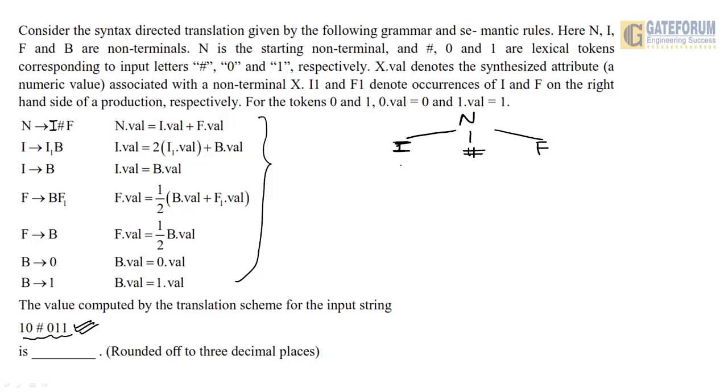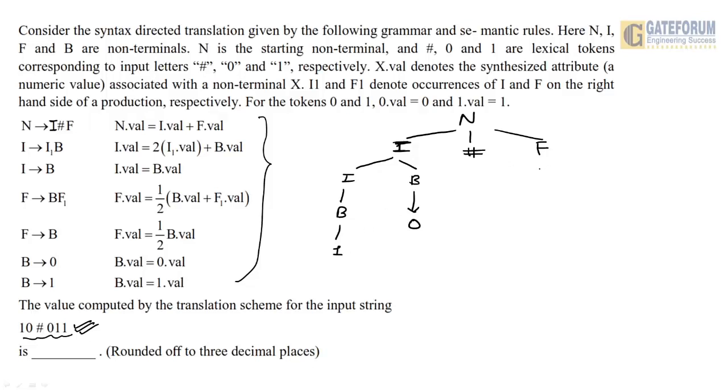Now using I, we can generate IB. With the help of I you can generate B, with the help of B you can generate 1. Now with the help of B you can generate 0. Then hash, so 10 hash.